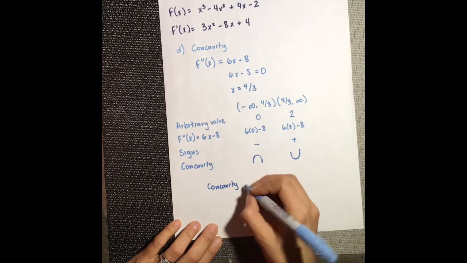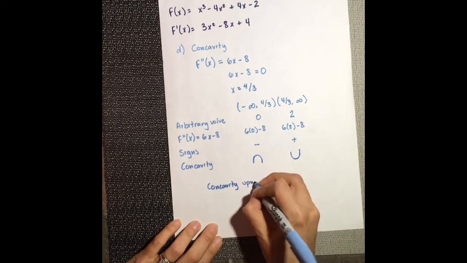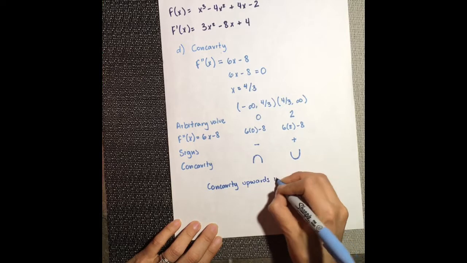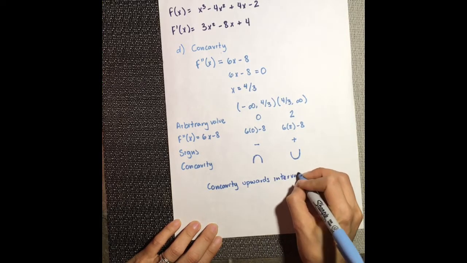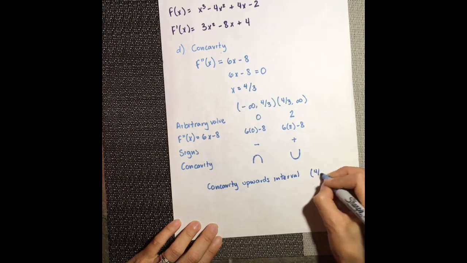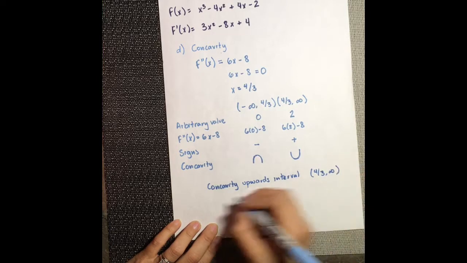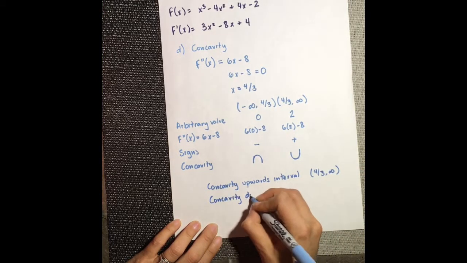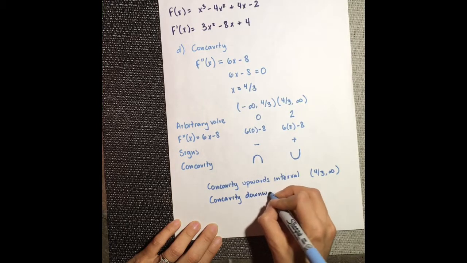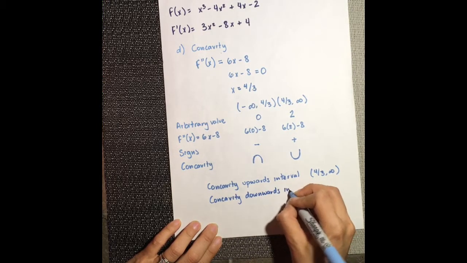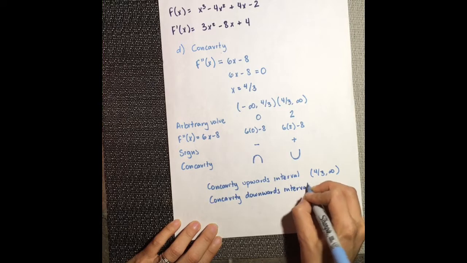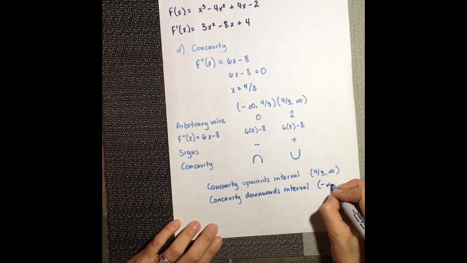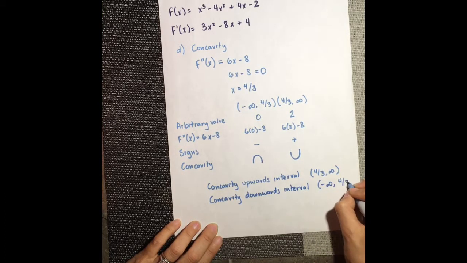Concavity upwards interval is from 4/3 to infinity, and concavity downwards interval is from minus infinity to 4/3.